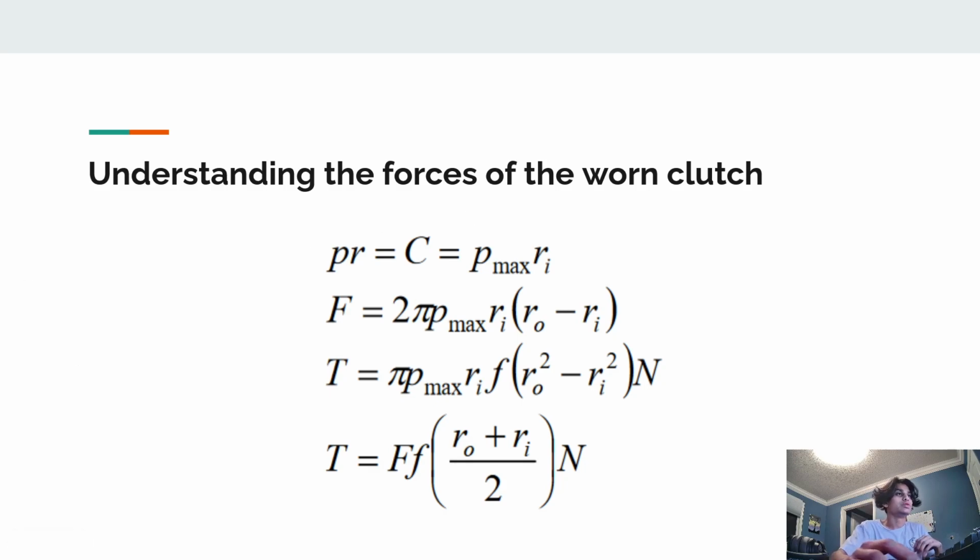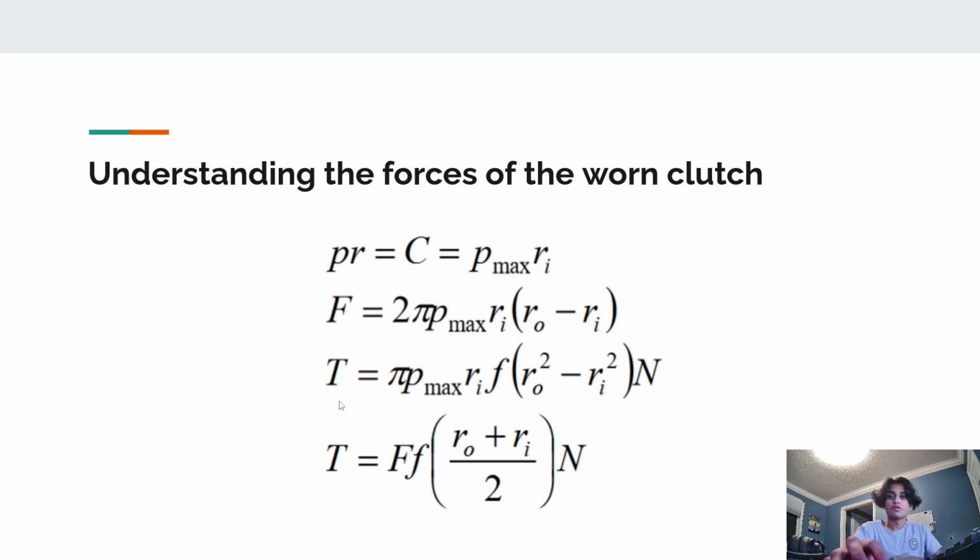Then we have T is equal to pi P max Ri times the coefficient of friction times (Ro squared minus Ri squared) times N. Then we have T is equal to the force times the coefficient of friction times (Ro plus Ri) over 2 times N. And yeah, those are basically the equations that we would use in order to analyze this worn clutch.